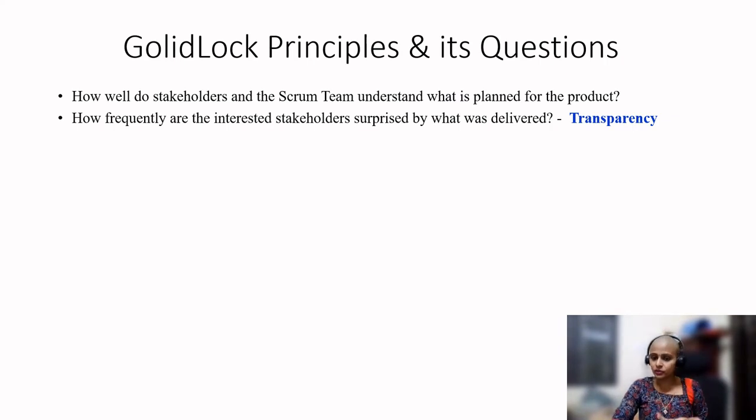If you are a new scrum master to the team, these questions will help you understand your team's understanding of the product, what the stakeholders expect, and how frequently they are surprised or regretful about the deliverables. This keeps us very transparent with everyone, within our stakeholders and our team members. Moving on to the next questions.